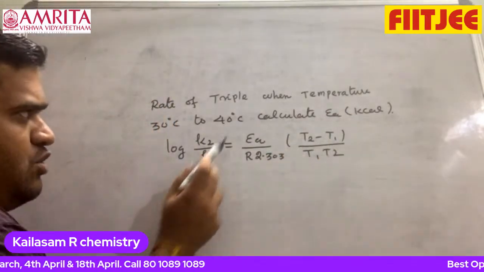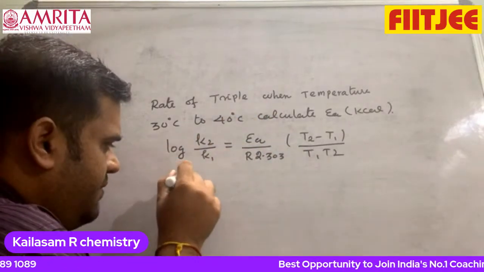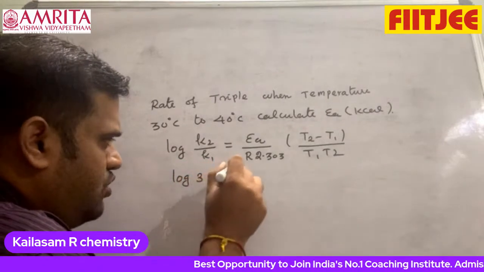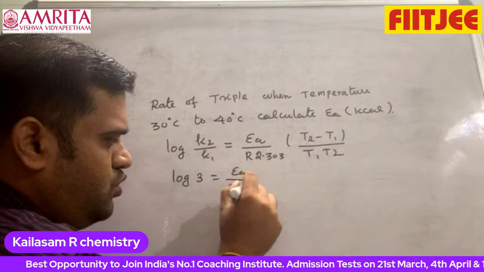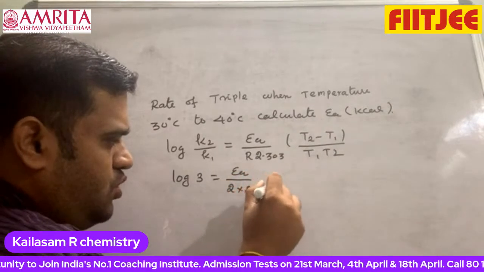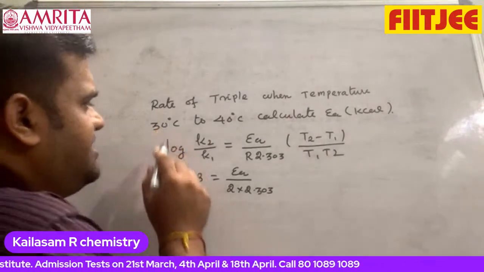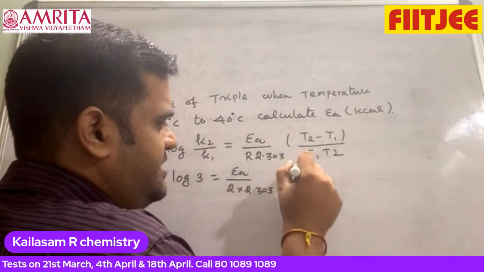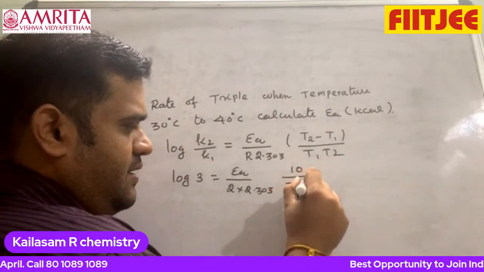Now log K2 by K1 is what? The rate of reaction triples, so I can write log 3 is equal to EA. I am asking in terms of kilocalories, therefore the R value is 2 into 2.303. Now T1 is 30 degrees, and T2 is 40 degrees. So T1 is 303 and T2 is 313.